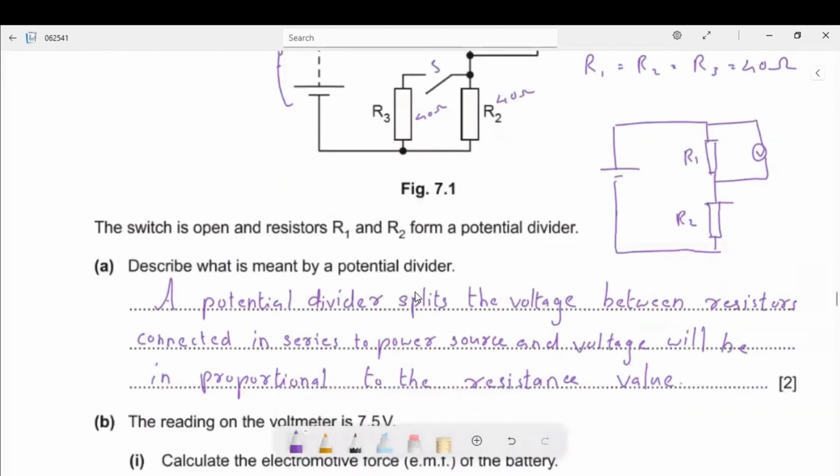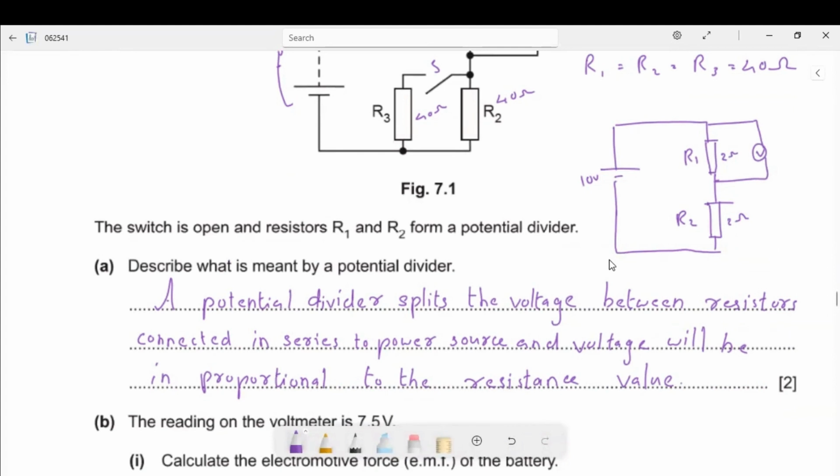So describe what is meant by a potential divider. A potential divider splits the voltage between the resistors. Suppose you are giving here 10 volt, for example, and both resistors are of the same value. This is 2 ohm and this is also 2 ohm. So this will be equally split. Here it will get 5 volt, here also will get 5 volt.